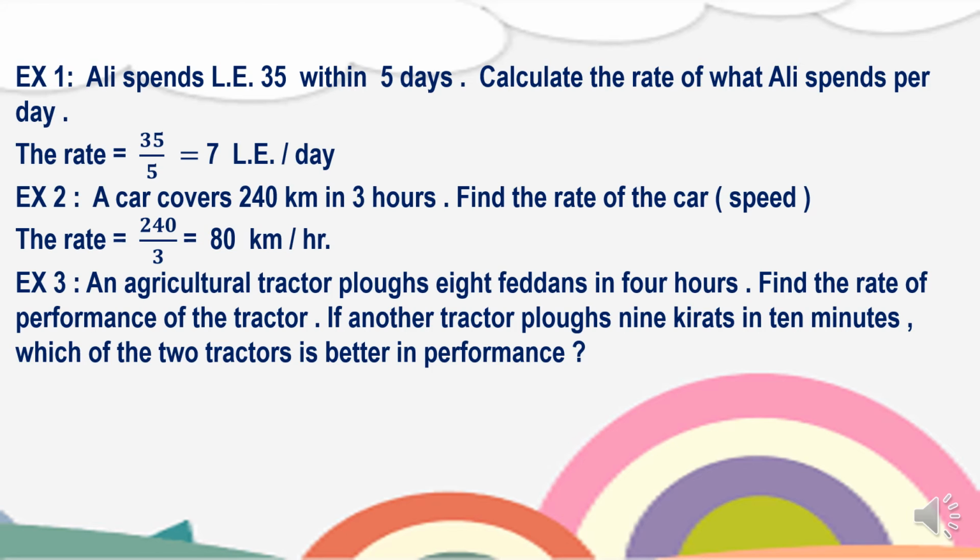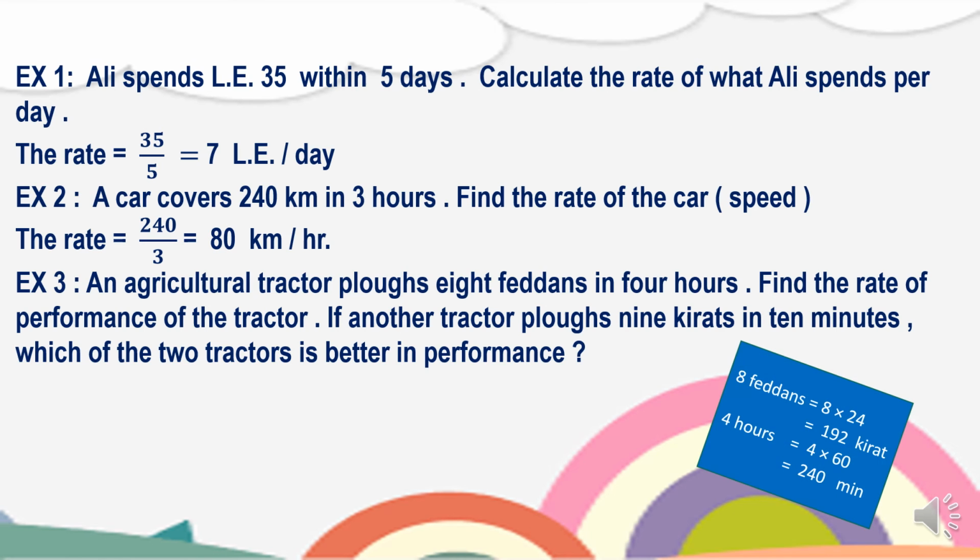So I have now two different units. So I must convert the big unit to the small unit so that I make two rates with the same unit. So I convert from fadden to kirat.